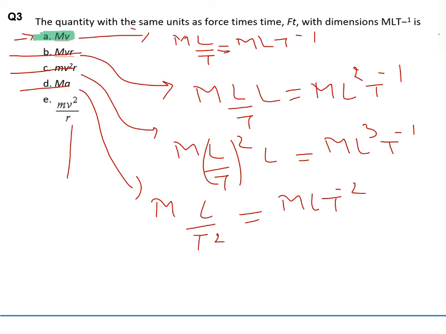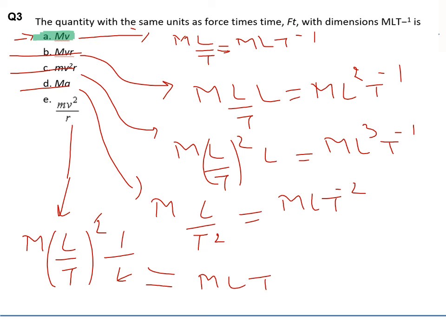And E part we have mv square over r. So you have capital M for m, v is L over t, square of that, and divided by one more L. So for this you will get M, v square L square, ML T minus 2, sorry.